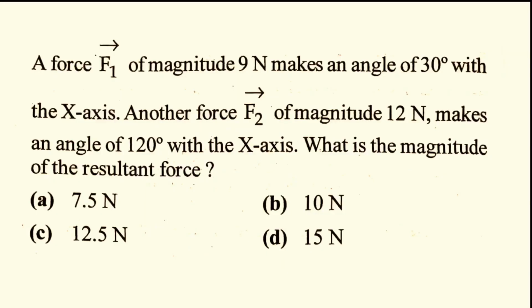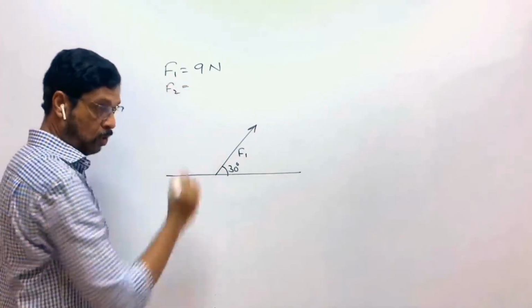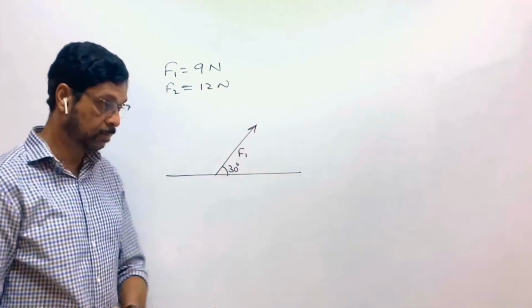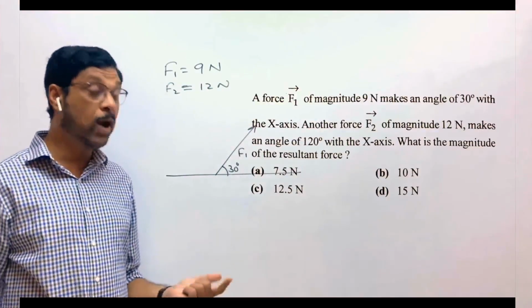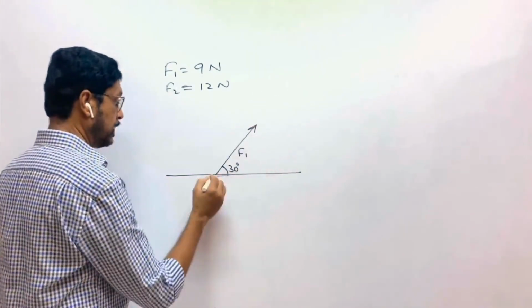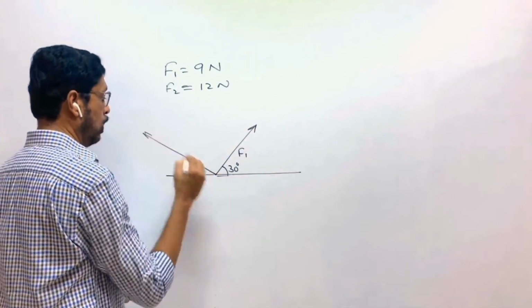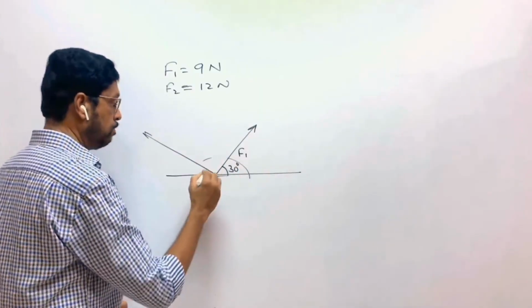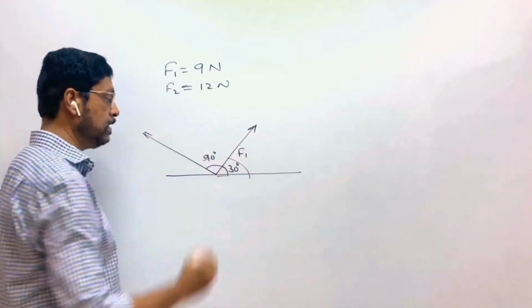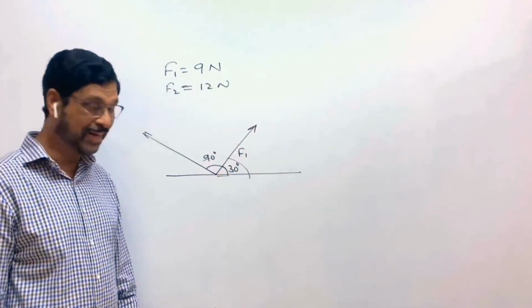Okay. Another force F2 of magnitude 12 Newton. F2 of magnitude 12 Newton makes an angle of 120 degree with x-axis. This is the x-axis. An angle of 120 degree means this angle is how much? 30 plus 90 is 120, correct?